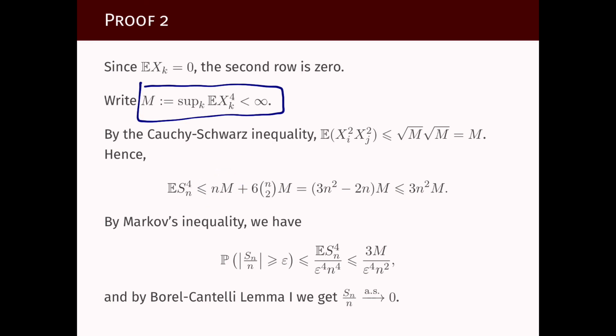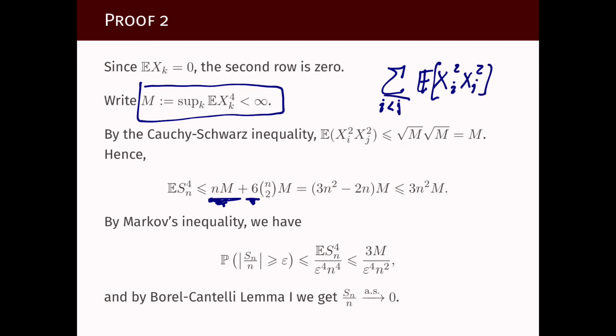So we get this n times M, and now we have this combinatorial factor of 6, and we don't have n anymore, because now we had that sum i less than j of this expectation xi squared xj squared.